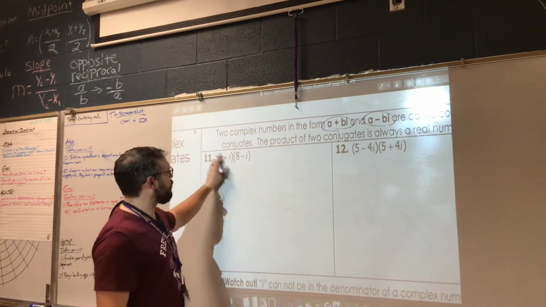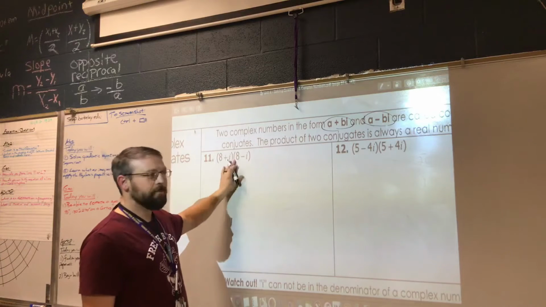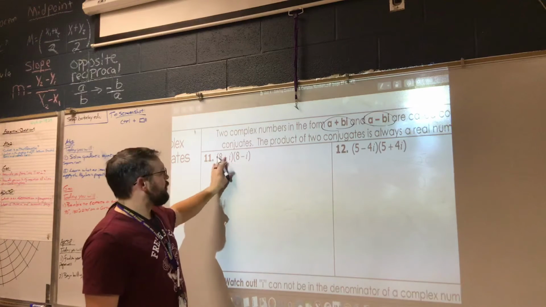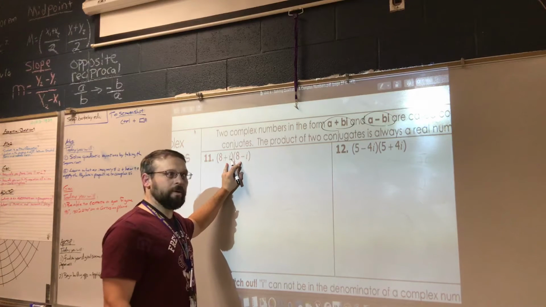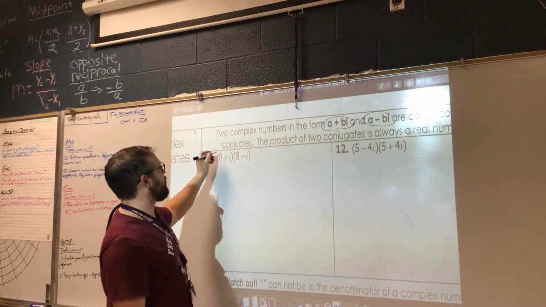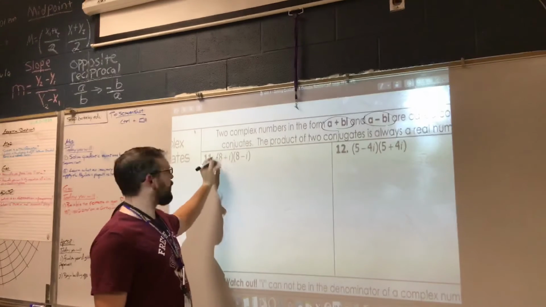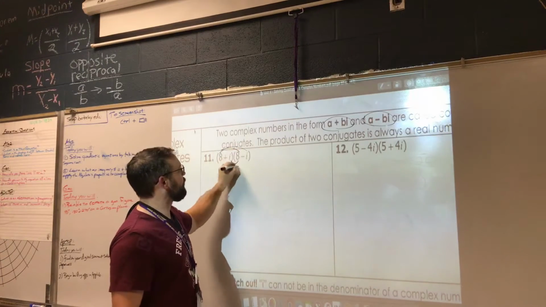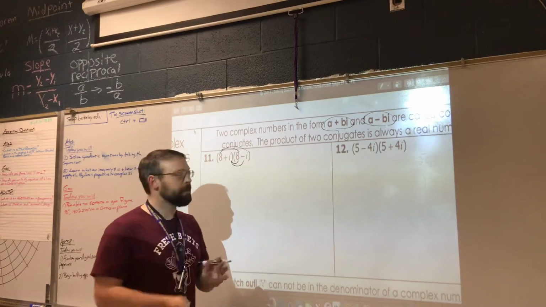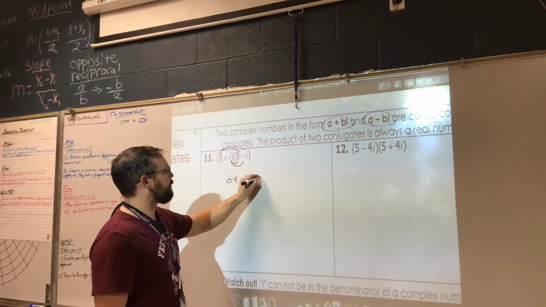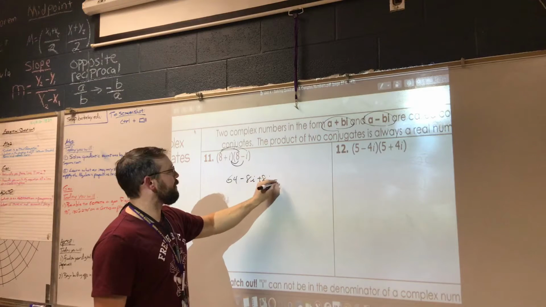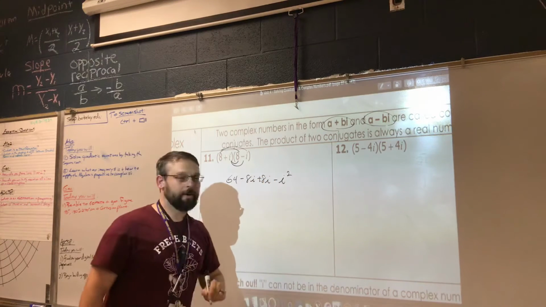I'm just going to do a real quick demo of how to multiply complex conjugates and what that looks like. So, two binomials being multiplied. Remember the FOIL method, right? That would give me 64 minus 8i plus 8i minus i squared.